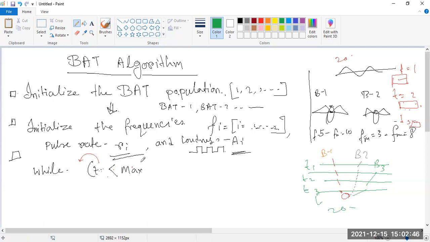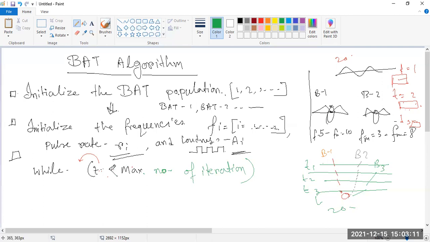So this is the maximum number of iterations. If this is the first time, t0, the initial position, at t1 you have calculated.